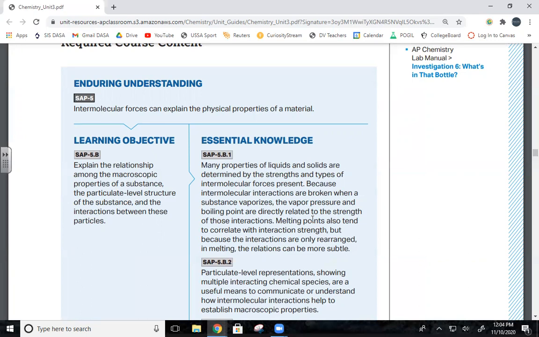But let's think about metals, right? Alloys. The stronger the intermolecular forces, the higher the boiling point, because we're not talking about melting point. The melting point absolutely is influenced by intermolecular forces.